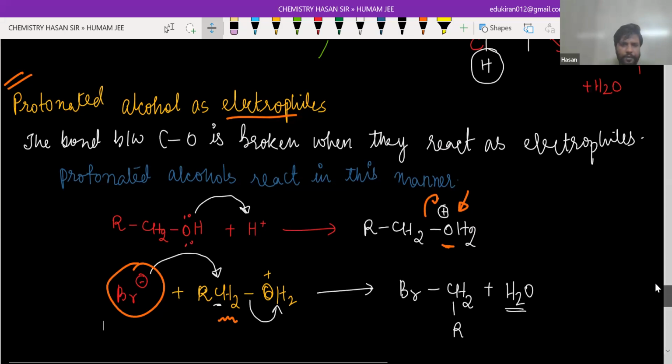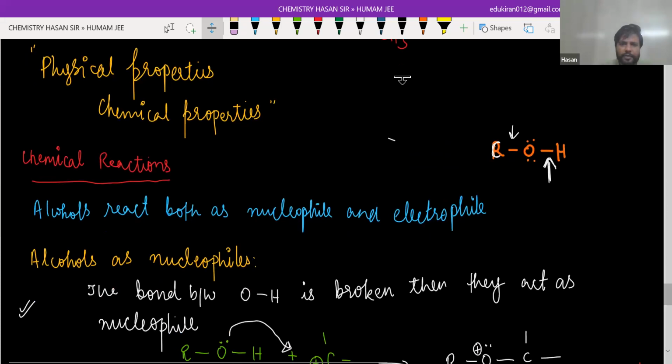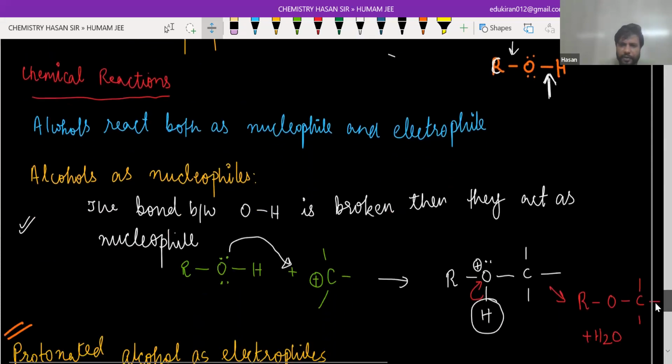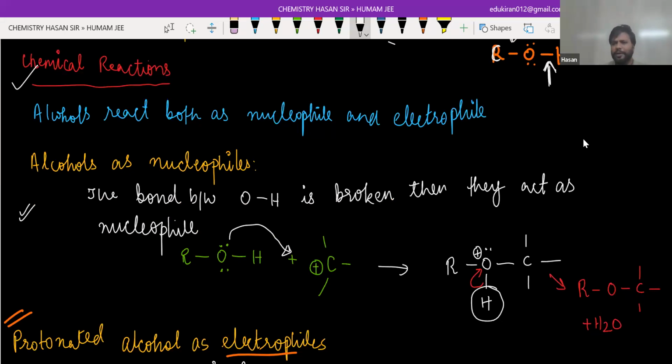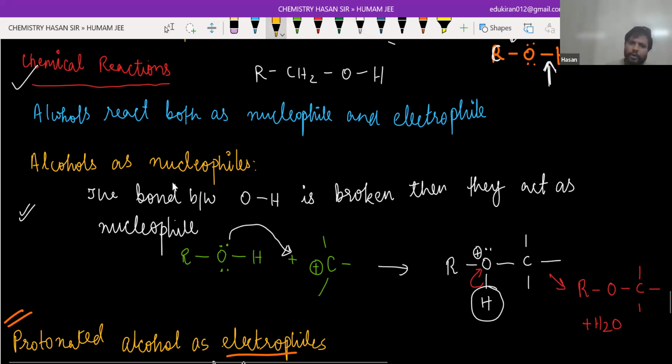Yeah, done. Okay. So Austin, we just started chemical reactions, instead of physical properties. We will do the physical properties at last. So chemical reactions of alcohol: as you know, electrophile, nucleophile. Alcohol has a tendency to react as both nucleophile and electrophile. Say this is your alcohol. Alcohol acts as a nucleophile when you are going to break the bond between O and H. First, there is an electrophile on which this alcohol is going to attack, because oxygen has a lone pair.